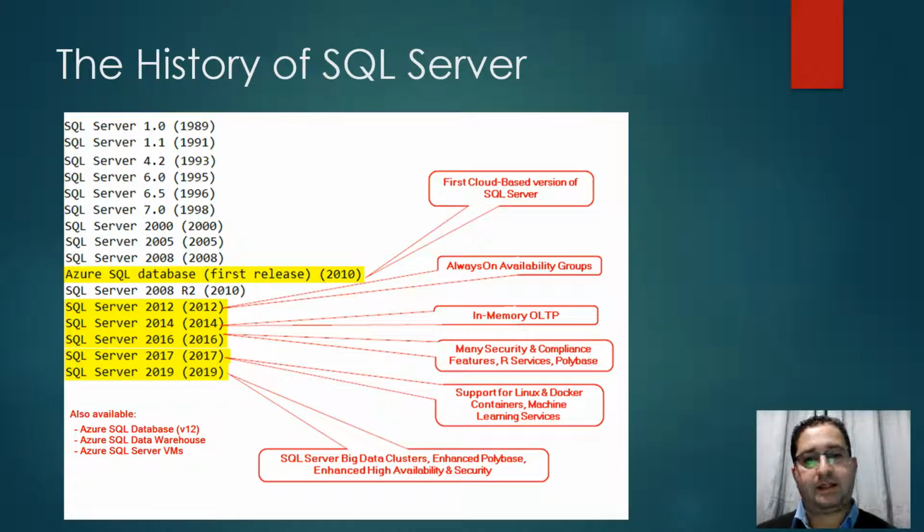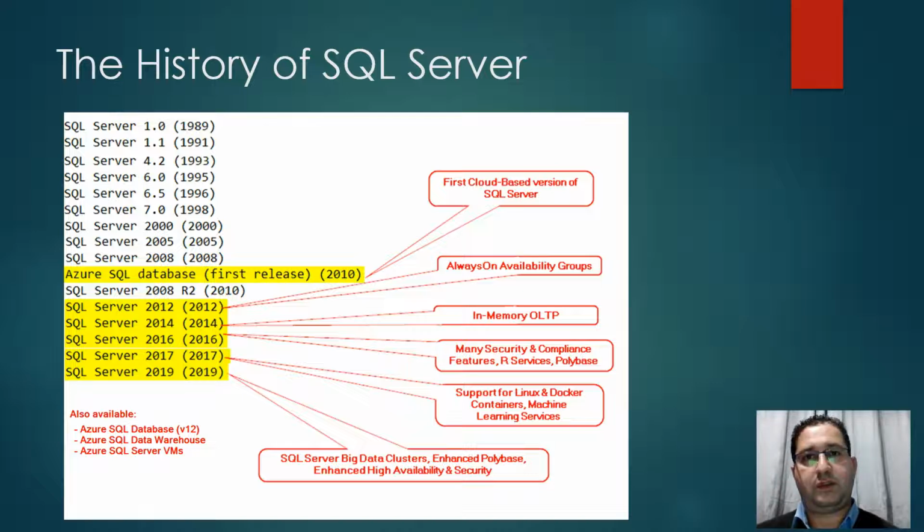R Services, which later on was renamed to Machine Learning Services, that incorporates the power of the R language in SQL Server. And this allows you to run complex data analysis and produce insights for your business. And PolyBase. In SQL Server 2017, support for Linux and Docker has been included.